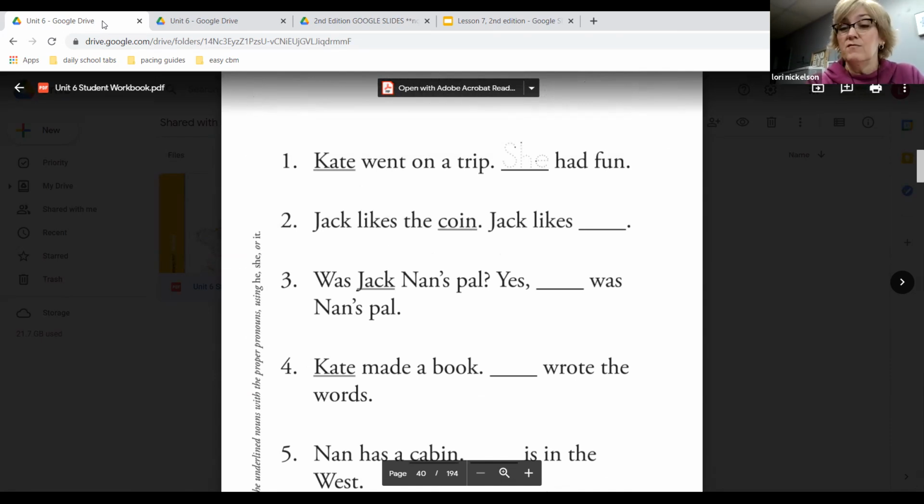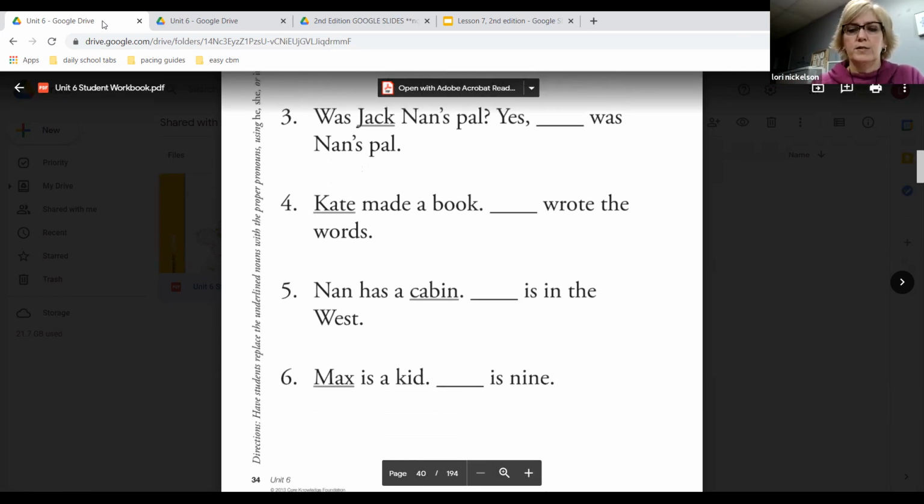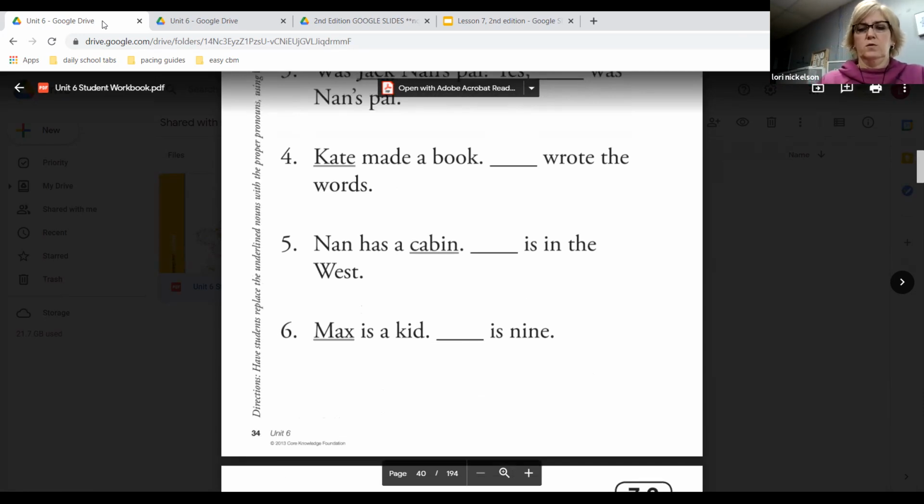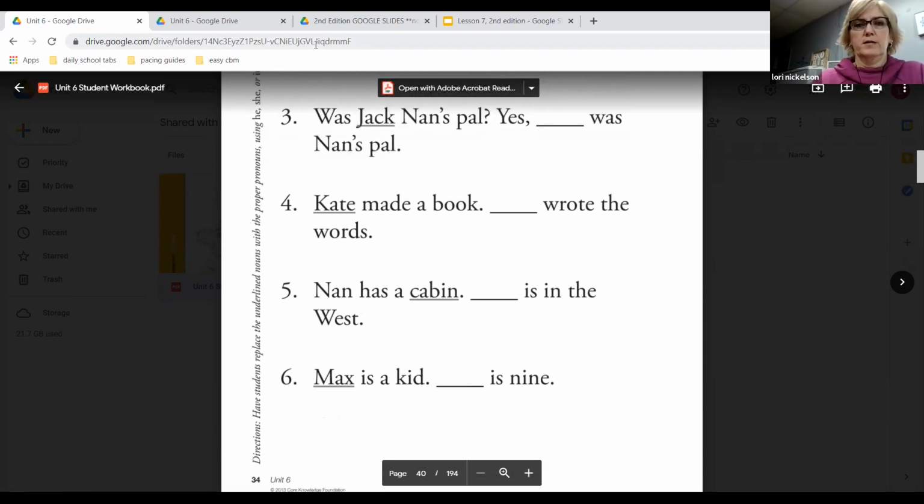If it's at the beginning of a sentence, the word should be capitalized on your page. If it's in the middle of the sentence, it doesn't have to be capitalized, all right? Because remember, the first word in a sentence is always capitalized. So you're using she, he, or it on 1 through 6 there. All right, we'll leave that here. Let's go back to our slides.